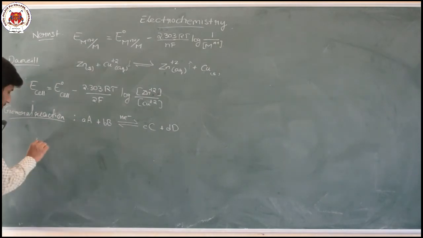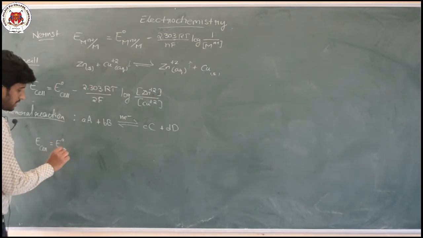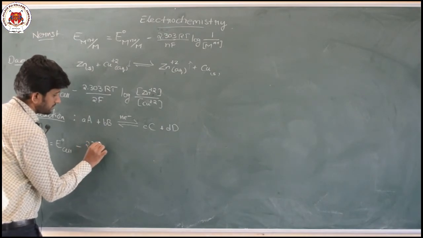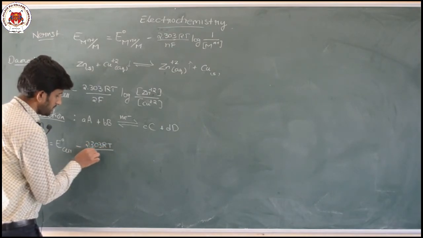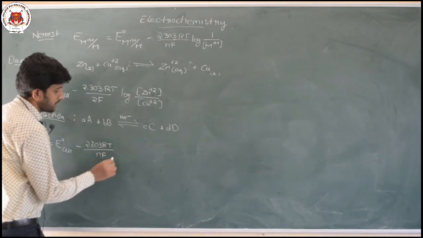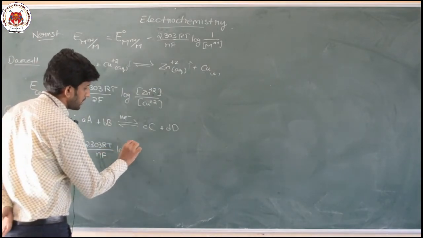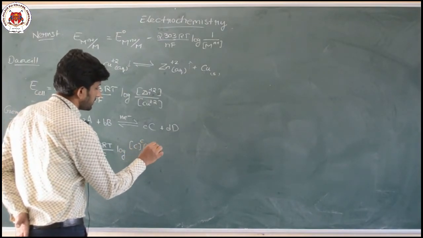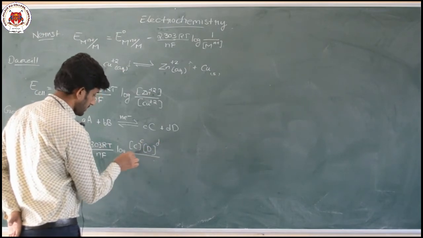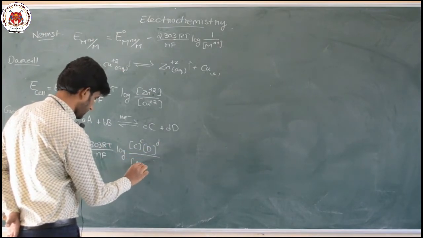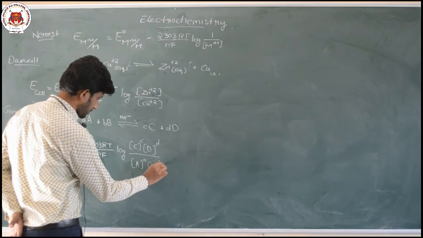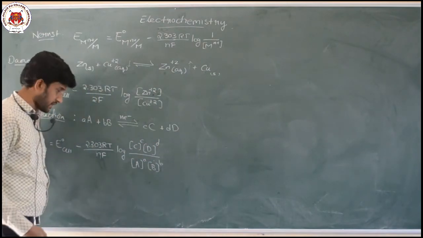That is, EMF of the cell is equal to E naught cell minus 2.303 RT by nF log of the concentration of products divided by the concentration of reactants, raised to their stoichiometric powers, for a balanced reaction.